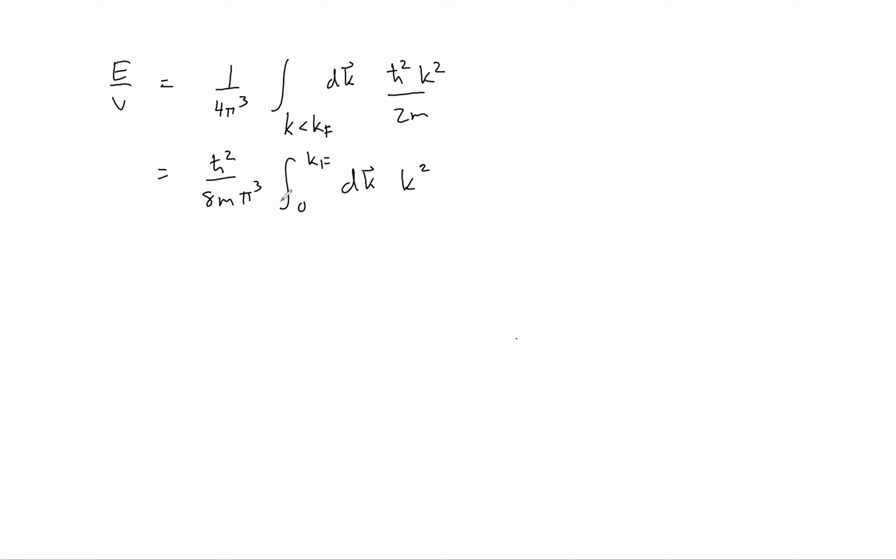We're going to integrate over all of the angular variables, and we're going to only take the radial variable from 0 to kf. So now let me explicitly do the angular integrals. There's no angular dependence here, so the theta and phi integrals just give us a factor of 4 pi. Here's now the radial integral.